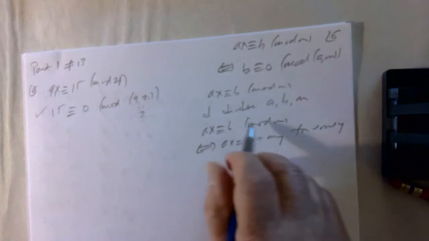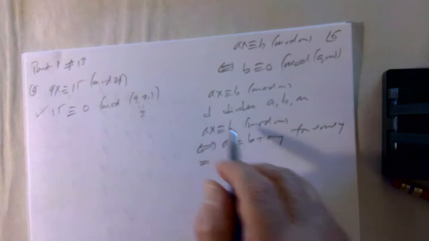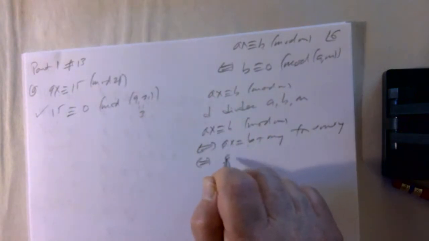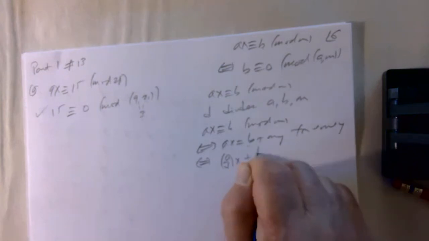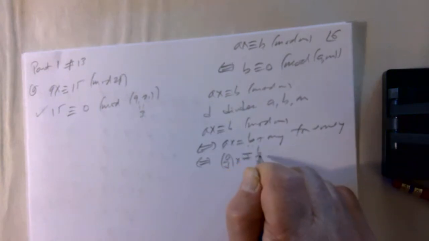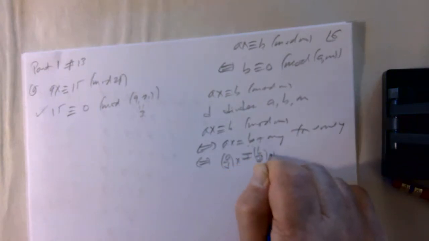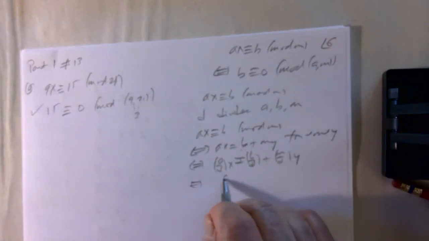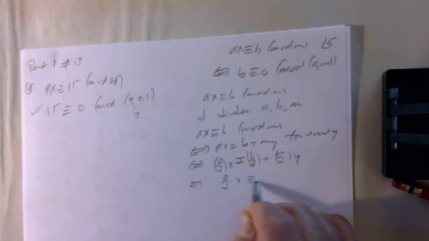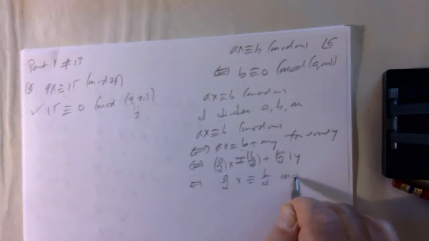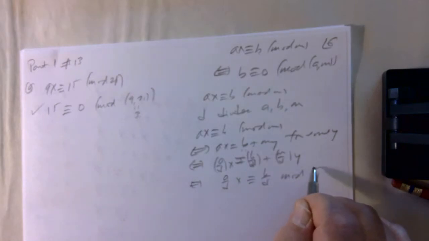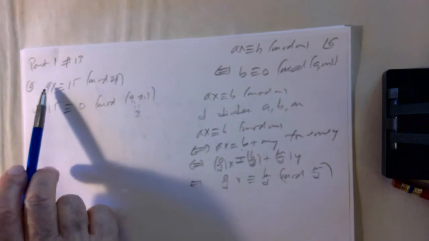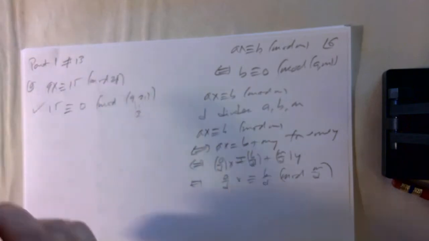If you divide this by d, because d divides a, b, and m, a over d times x, that's an integer, equals b over d plus m over d times y. That means that a over d times x is congruent to b over d modulo m over d.